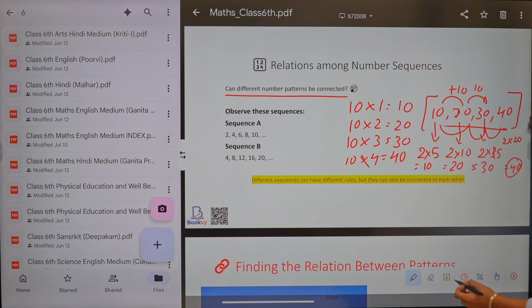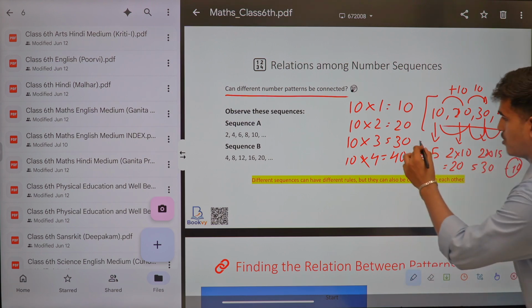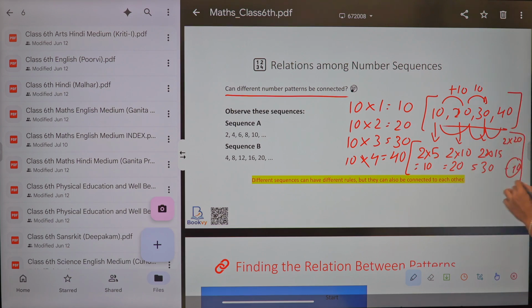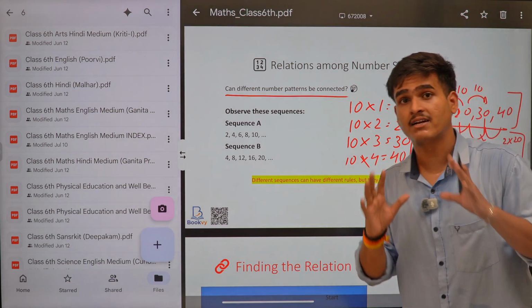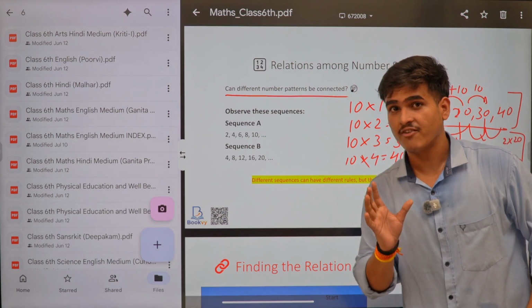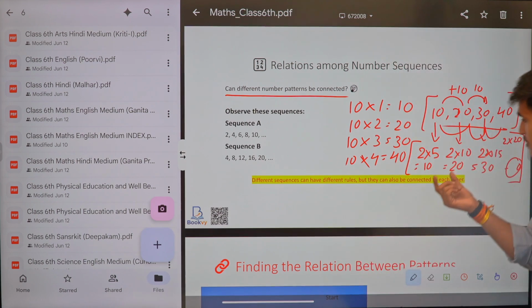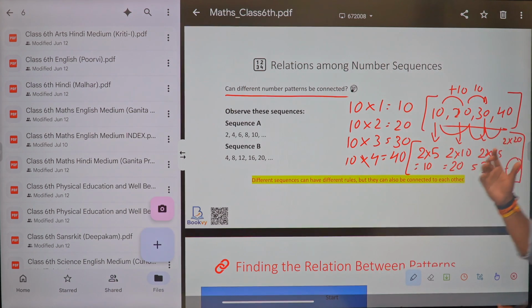If you focus only on this, the numbers 5, 10, 15, 20 are multiplied by the number 2, and there is a difference in the other number, right? What is the difference? There is a difference of 5.